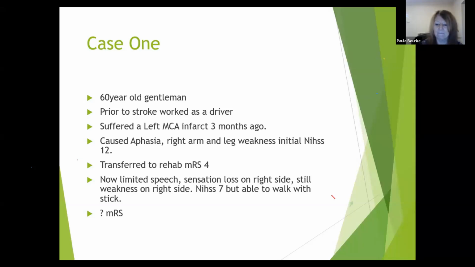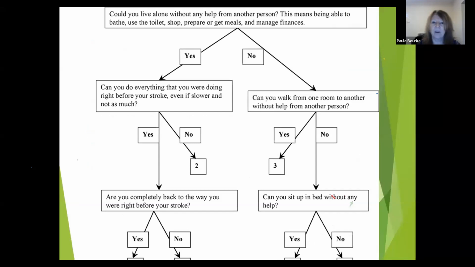So we know he can't look after himself fully and he's still got weakness. So we'll go down the no route. He can walk from one room to another without help. So he would be a 3, which is a big step.